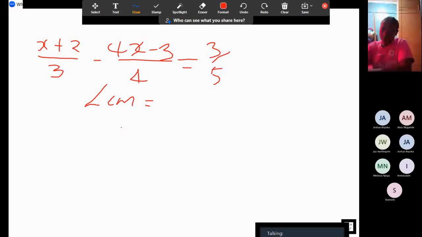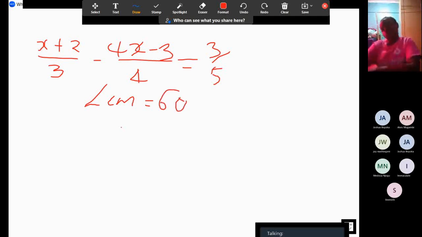What is the LCM, Purity? 60. Yes, you get the LCM as 60.